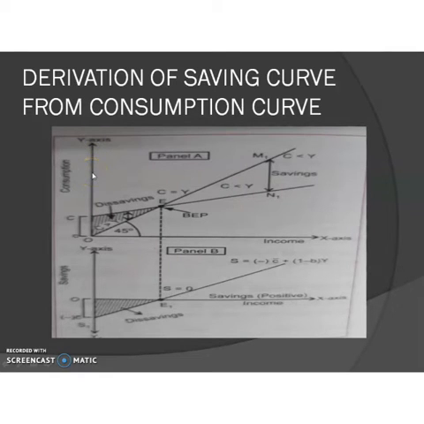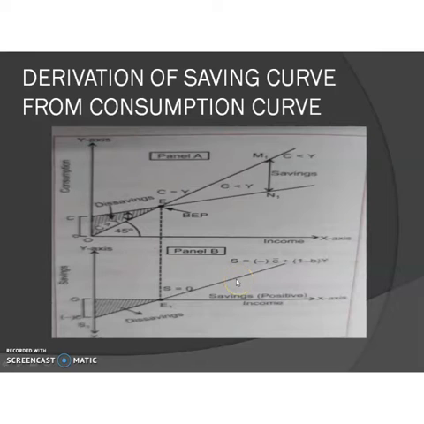And in panel B, saving is represented on the vertical axis, measured on the y-axis. Then income is represented on the horizontal axis of both panels, measured on the x-axis in both diagrams.